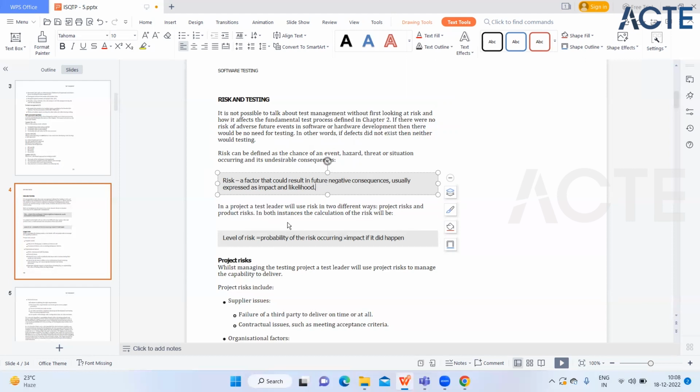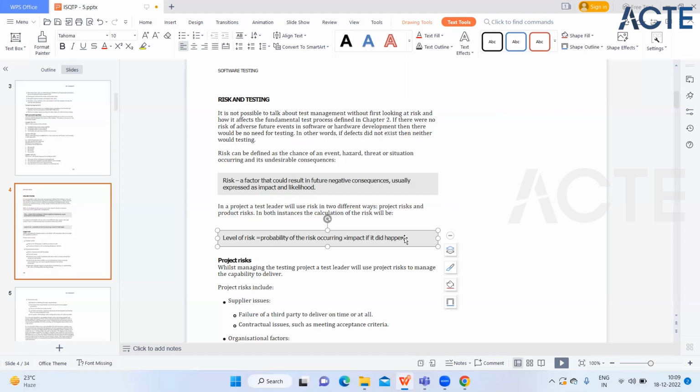Now, in a project, the test leader will use risk in two different ways: project risk and product risk. In both instances, the calculation of risk is: level of risk equals probability of the risk occurring times impact if it did happen. So they have provided the definition in terms of how the test leader should calculate risk, in terms of project risk or product risk.